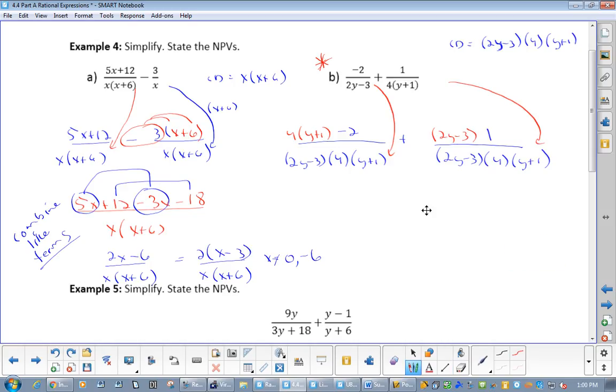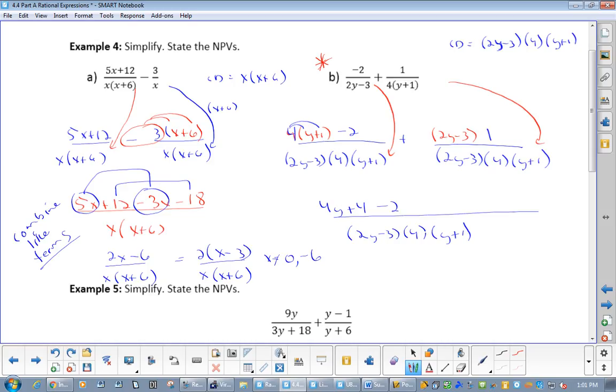Okay, now my 4's and my y's look a lot alike. Okay, so now we have this common denominator, 2y minus 3 times 4 times y plus 1. Okay, so now we have to make sure we distribute it as well. This is 4y plus 4, and then the minus 2 that was just there.